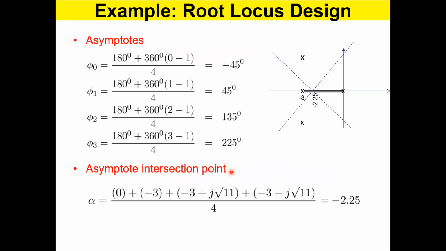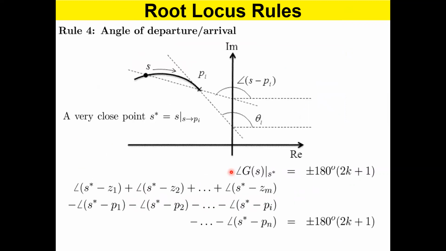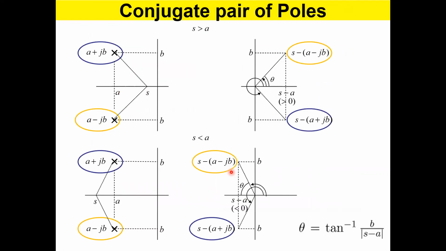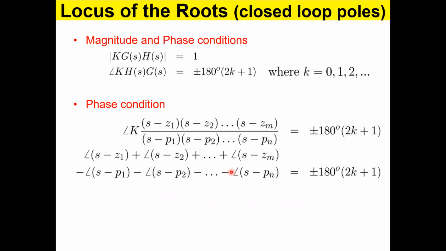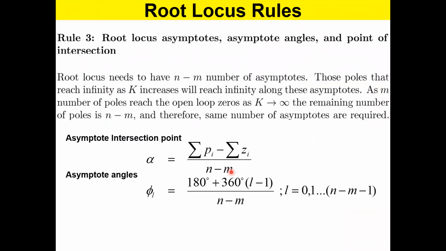Now let's take one by one the root locus rules. What about asymptotes? So remember the equation for asymptotes. Here, asymptote angles. This is the equation. I gave it without a proof, right?